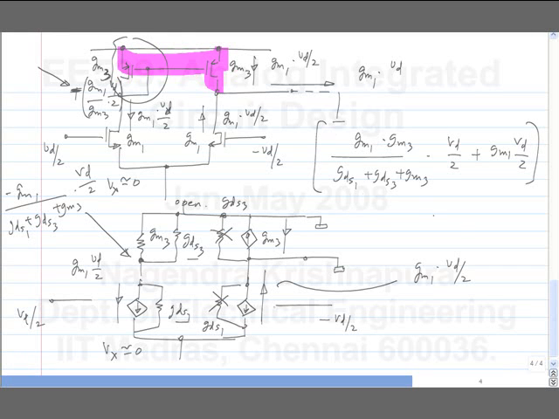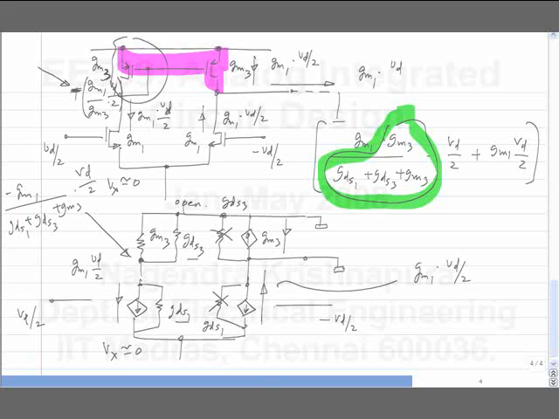Now clearly this ratio is approximately 1. Okay. So if you look at this part, this is close to 1 but not exactly 1. So it reduces the transconductance slightly, that's all.